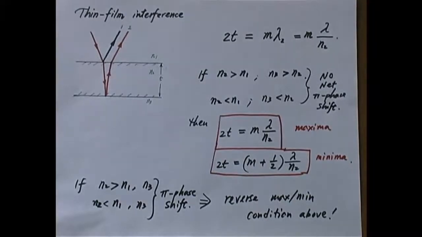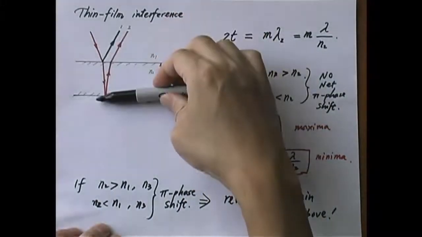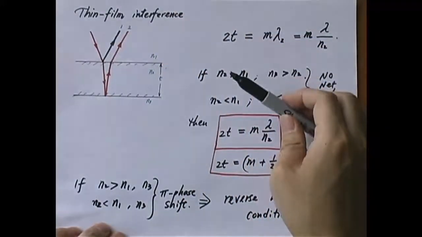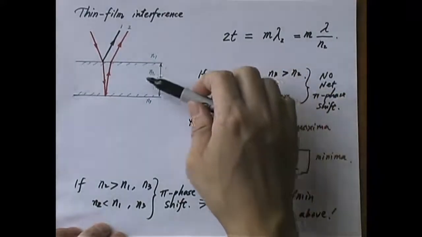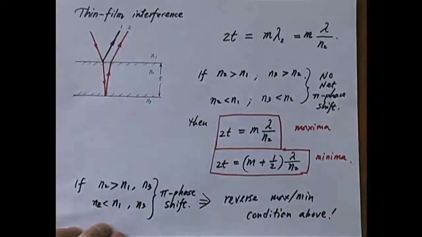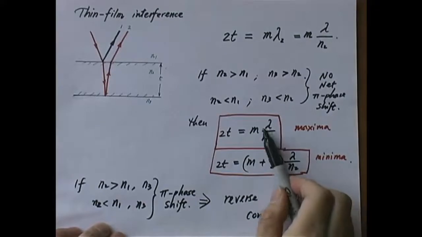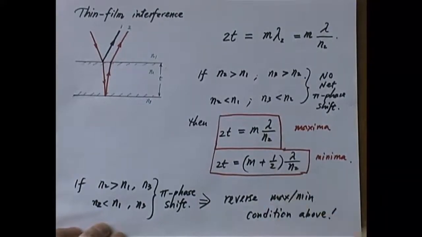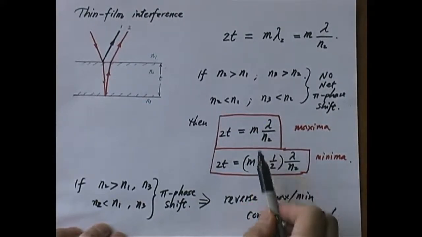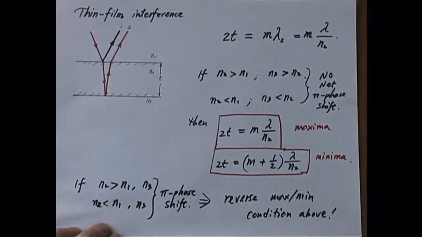Suppose I have a beam of monochromatic light with only one color shining upon this same film. Depending on the material you use, such as air or oil, you must use either this condition for maximum and that condition for minimum, or this condition for minimum and that condition for maximum, depending on whether there's a pi phase shift or not.